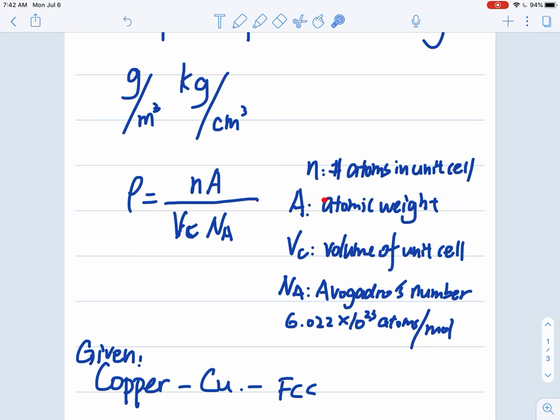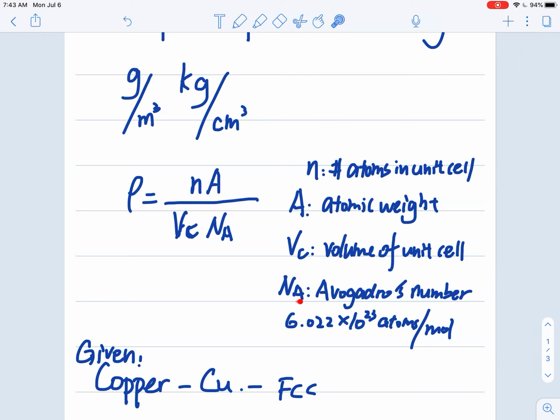And atomic weight, you can find out from the periodic table. And the volume of the unit cell, you can calculate if you know the length of the unit cell. But if you don't know the length of the unit cell, you can always look up the radius of the atom for the given material and find out the relationship between a and R in order to calculate the volume of the unit cell.